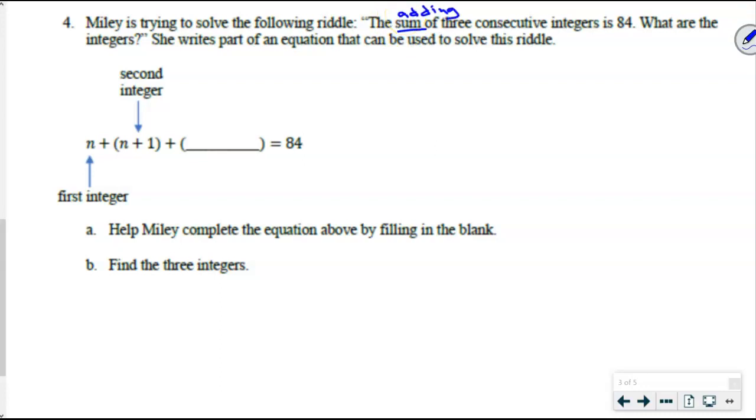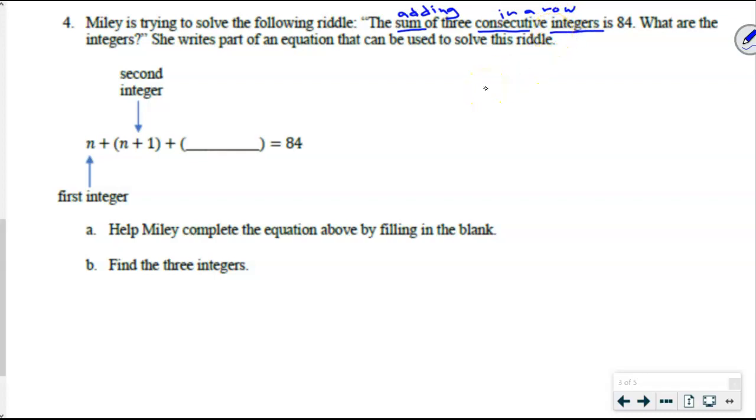What does consecutive refer to? Seth, you want to give it a try? Yes, in a row. Consecutive means in a row. And we're referring to integers. I hope you remember from last year what integers are.